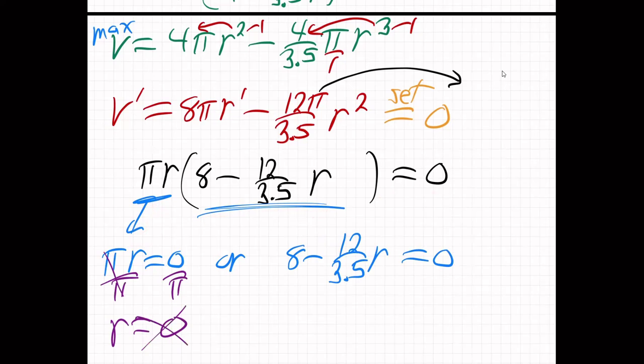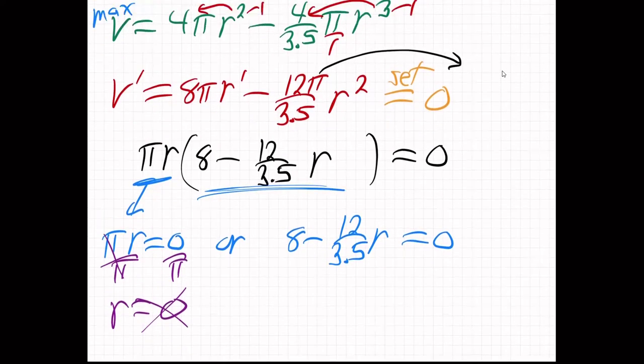That's actually the minimum value, which means you have no volume at all because you have no radius. We're not interested in the minimum. We want to find the max.